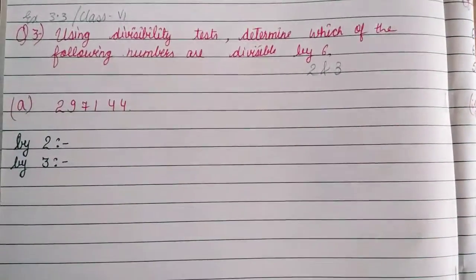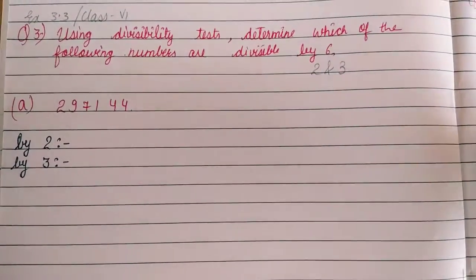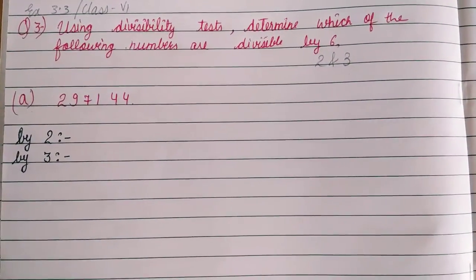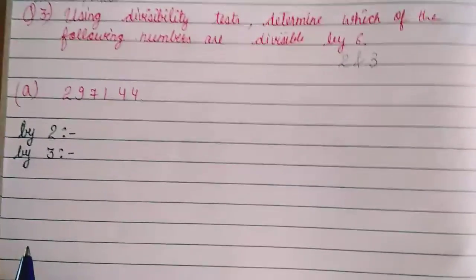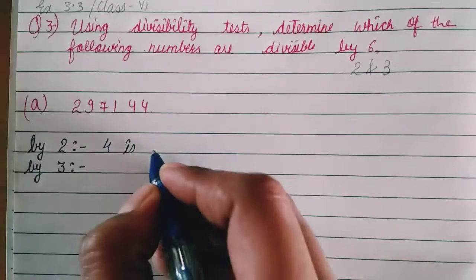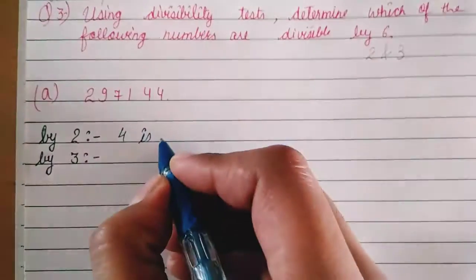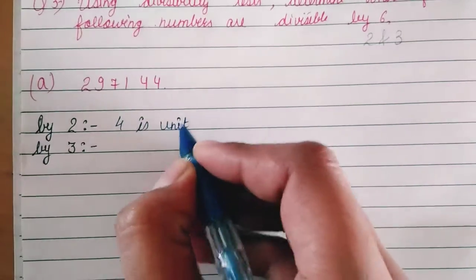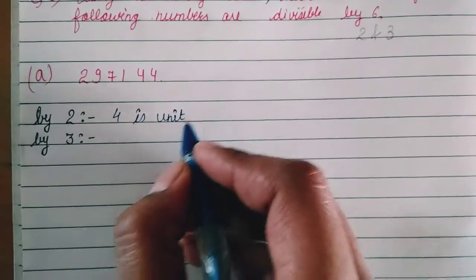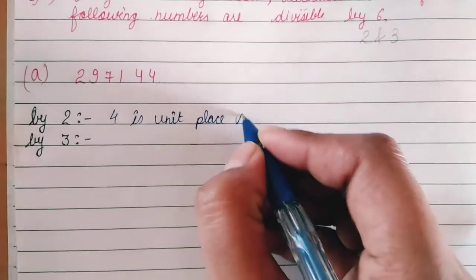So we know that for the divisibility of 2, we need the ones place, the unit place, to be even. You can simply see here 4 is the unit place value.